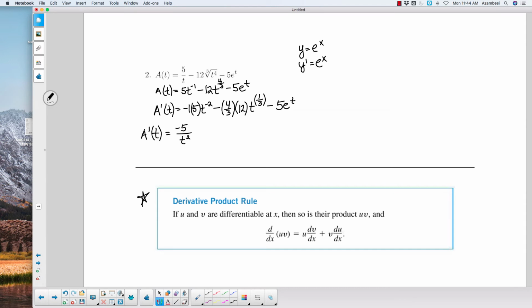All right, as far as the other one, 3 cancels into 12, we're left with 4, so minus 16, and I have the cubed root of t, and minus 5 e to the t. So this has been some practice of really the power rule and the addition rule, and when we come back on Thursday, we'll start with this product rule.